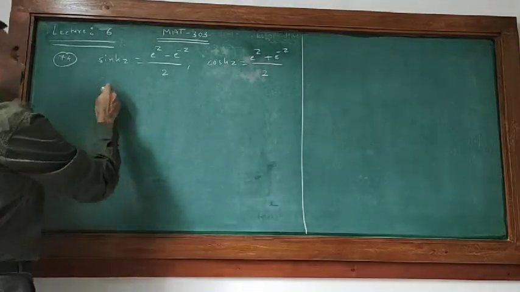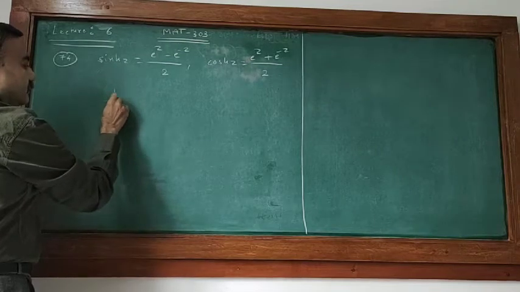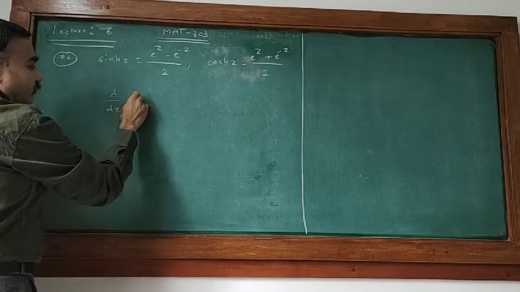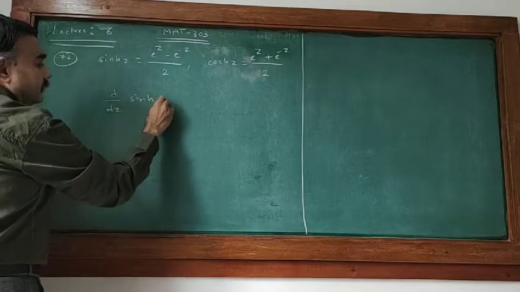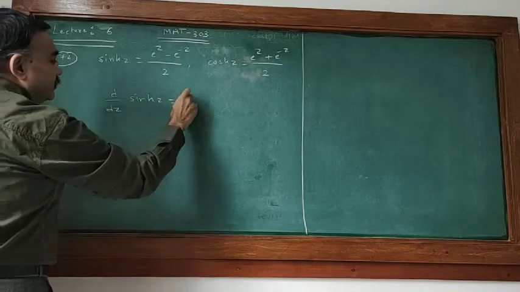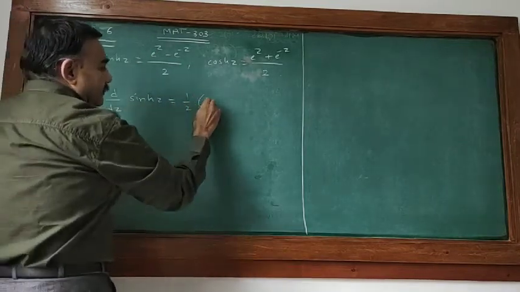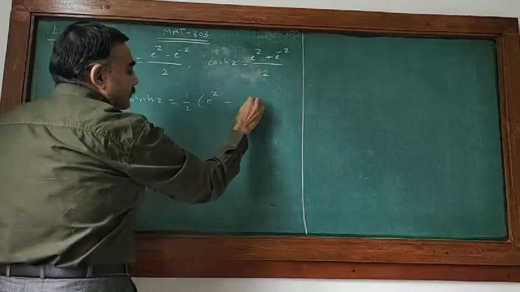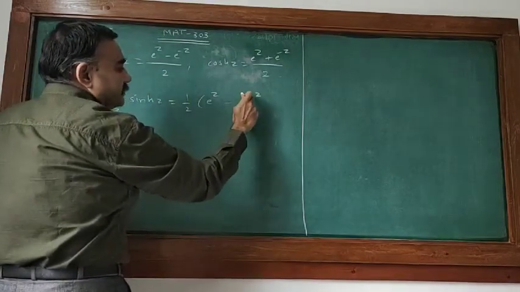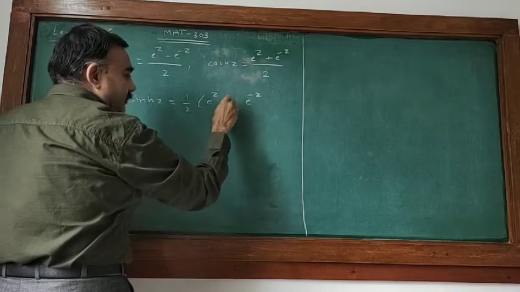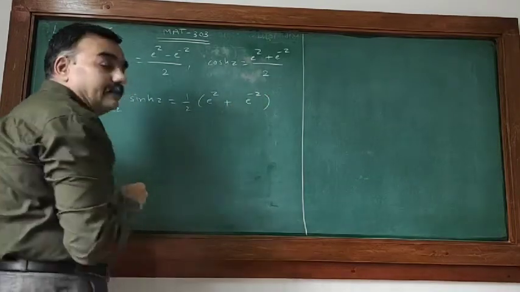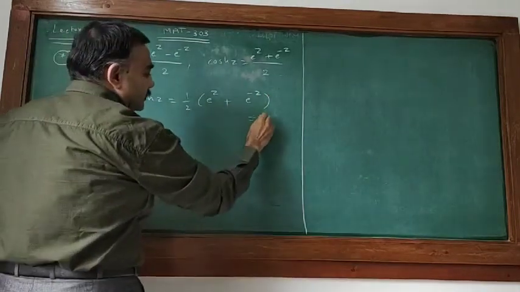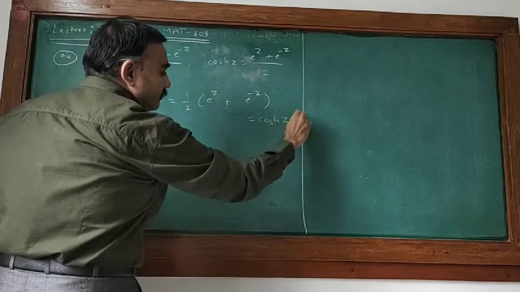Now if we differentiate sine hyperbolic z, obviously 1 upon 2 is a constant, and the differentiation of e raised to z is e raised to z itself, minus e raised to minus z, and the differentiation of minus z is minus 1, so we multiply by minus 1, and so this is cos hyperbolic z.